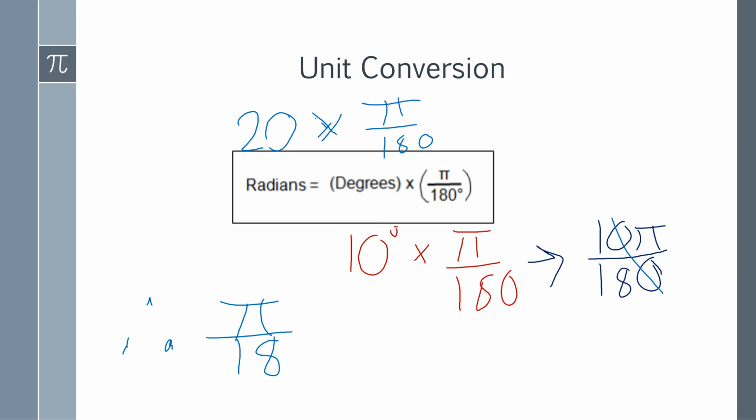So that is going to be 20 over 180, which we could simplify to just pi over 9. Just like that. Oh, let me fix my pi symbol.